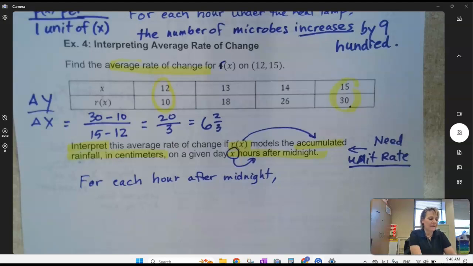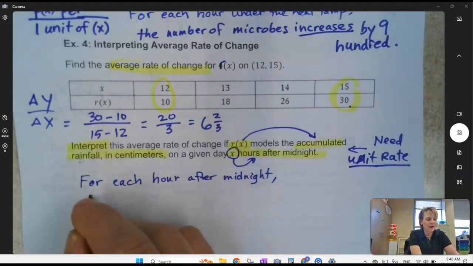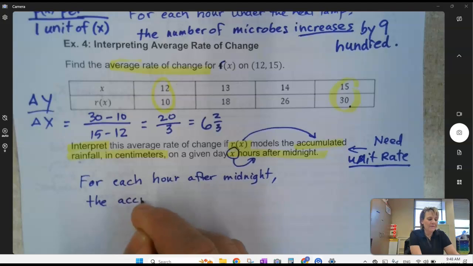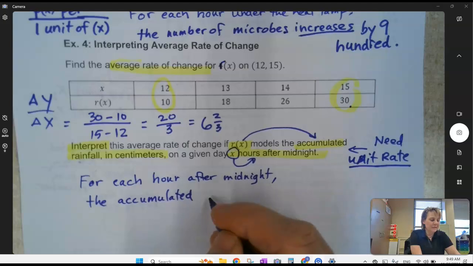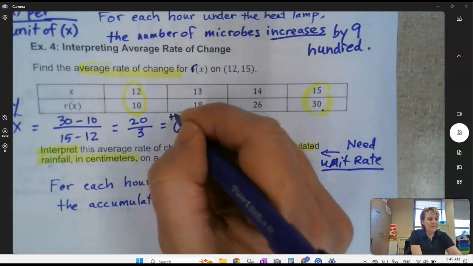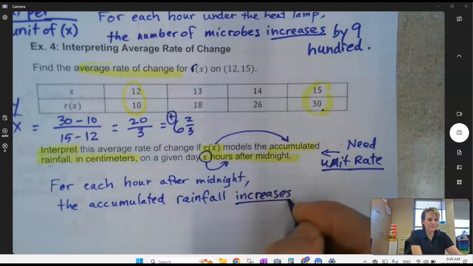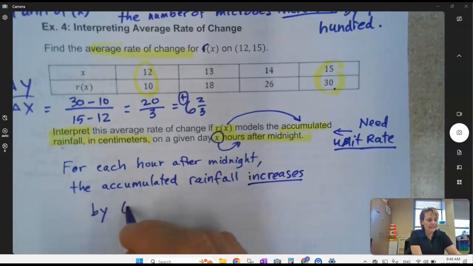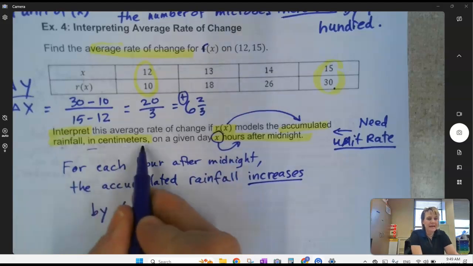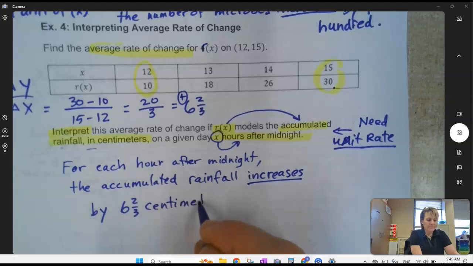What is r of x? The accumulated rainfall. Is it increasing or decreasing? It's positive, so it's increasing by 6 2/3 centimeters. And that's it.